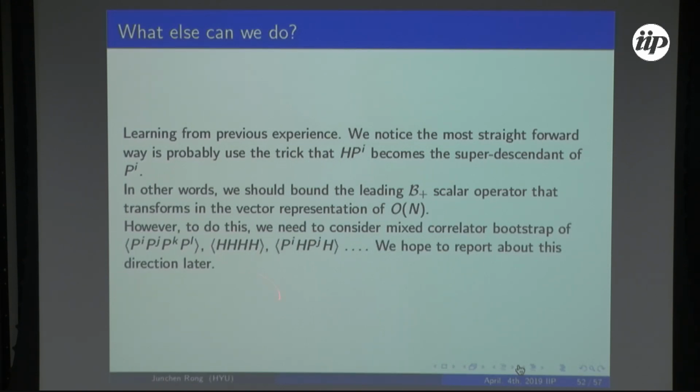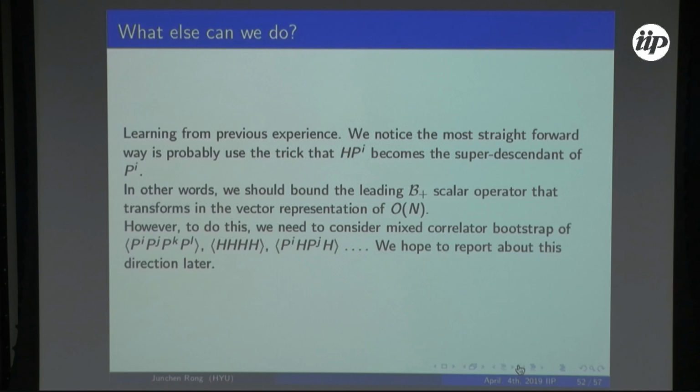To do this, we cannot just consider P I, P J, P K, P L, because this does not contain the vector representation. H itself does not, but we have to consider mixed operator bootstraps, and then in this H times P, it contains that representation. So we hope to report about this later.